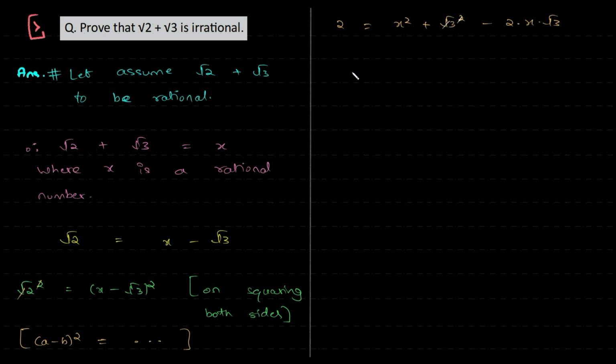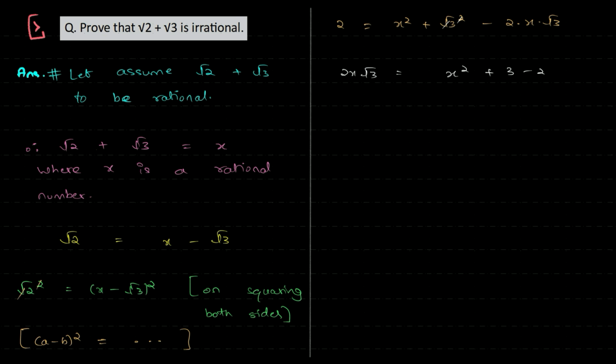A bit of simplification and we have the final answer. So basically I need to transpose this. See, this is the whole procedure: 3 minus 2. Let me write it out. All I'm doing is getting an expression for root 3. That is, I'm trying to equate root 3 to some expression.